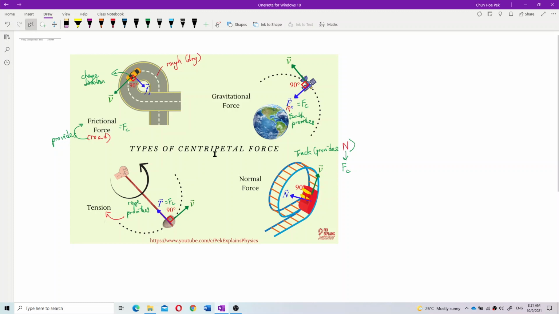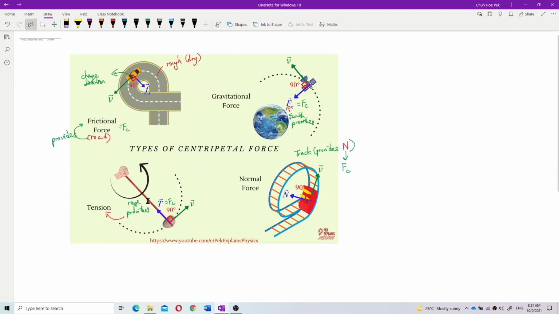So what I can say is, for centripetal force, they are the existing forces like friction, gravitational force, normal force, tension, that become the centripetal force. These existing forces become the centripetal force for the circular motion to happen: for a U-turn, for the satellite to revolve around the Earth, for the stone to move in a circle when revolving around the hand, for the roller coaster to move in the loop.